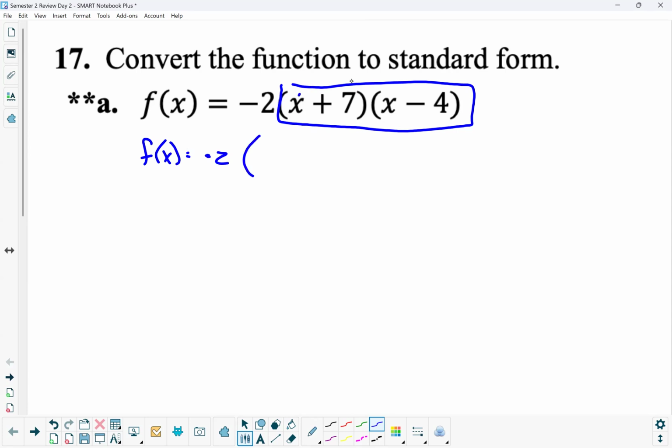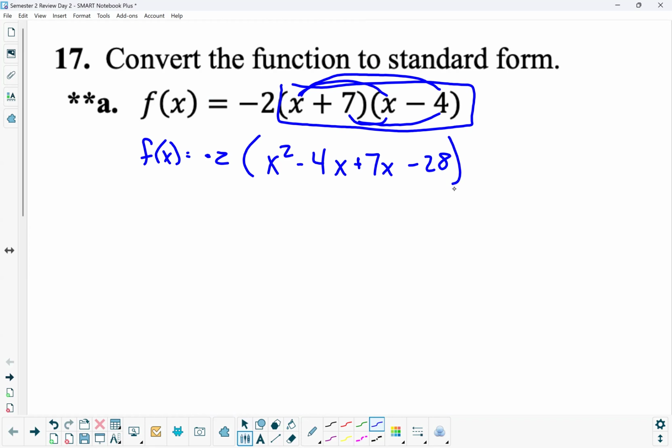So we're going to take x times x, x squared, x times -4 gives us minus 4x, 7 times x is plus 7x, and 7 times -4 is -28.